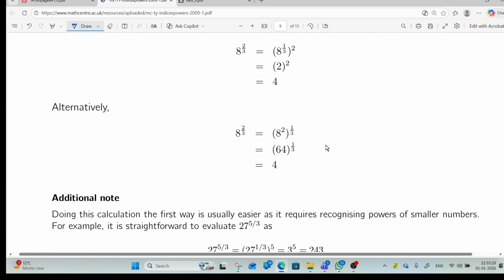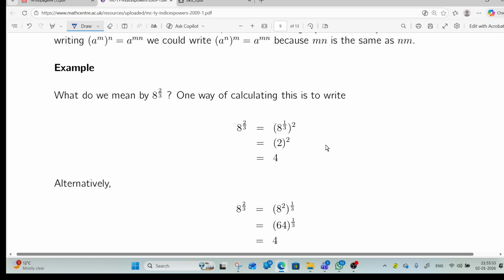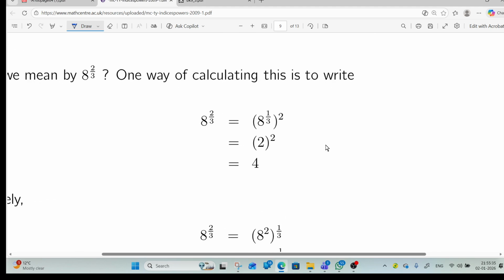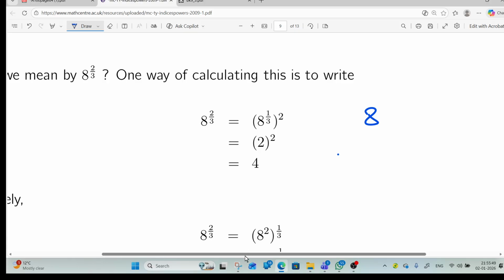Now we'll see some questions. For example, if I have 8 to the power 2/3, and we are applying the rule we learned. For example, 8 to the power 2 and here we have 3.